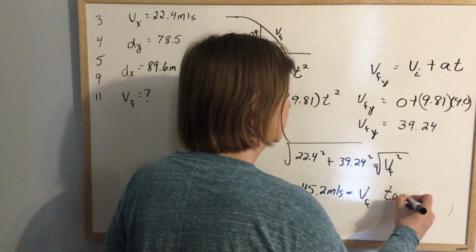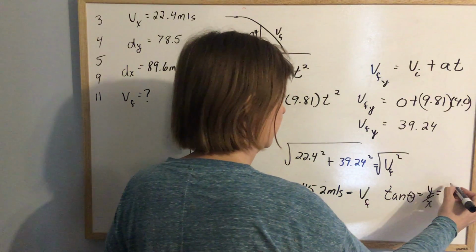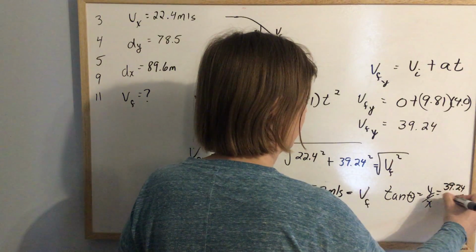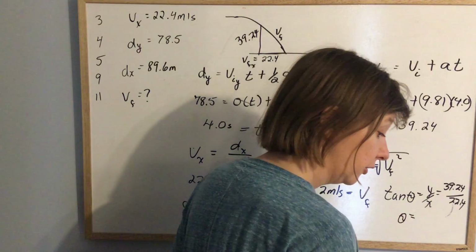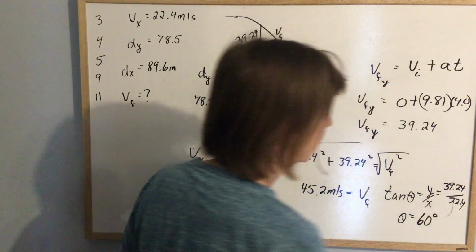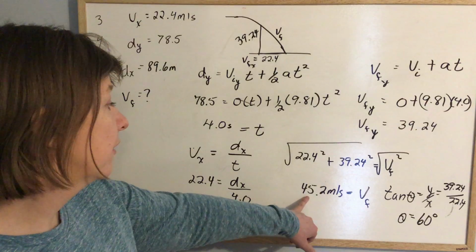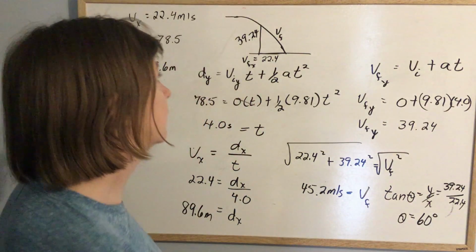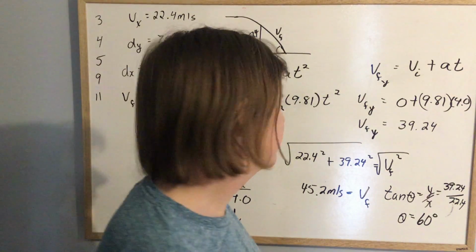Tan theta equals y over x, so that is 39.24 over 22.4, so shift tan turns out to be 60 degrees, or 60.3 if you want. All right, so my final velocity is 45.2 meters per second at an angle of 60 degrees to the ground. It would be that angle right there. Okay, that's number 3.